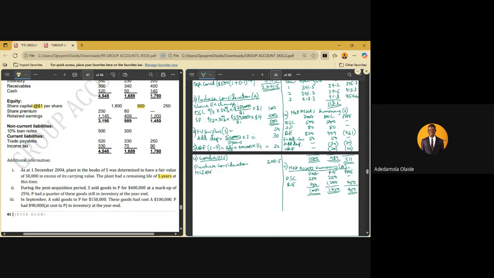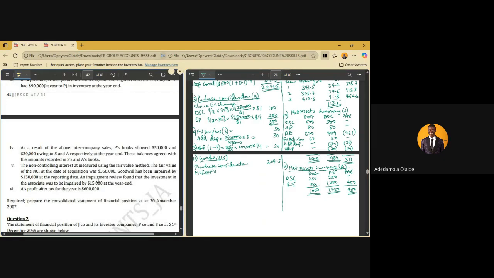They said it should be measured at fair value, and they gave us the fair value to be 368,000. Then we have less fair value of net assets, which is 1,500. And with that, what do we have as the goodwill? 909.5.